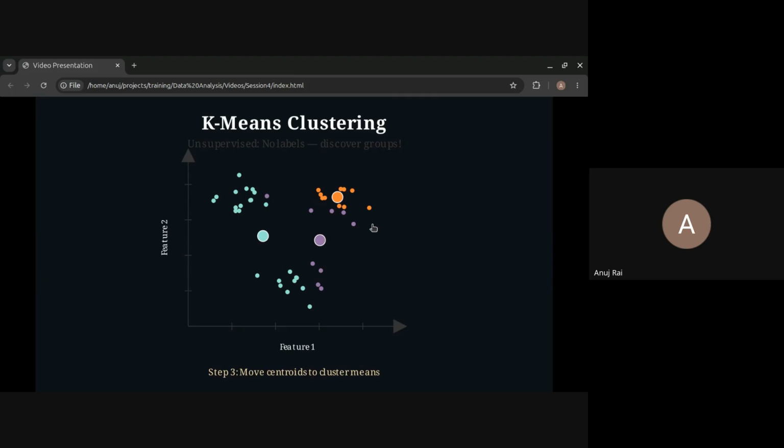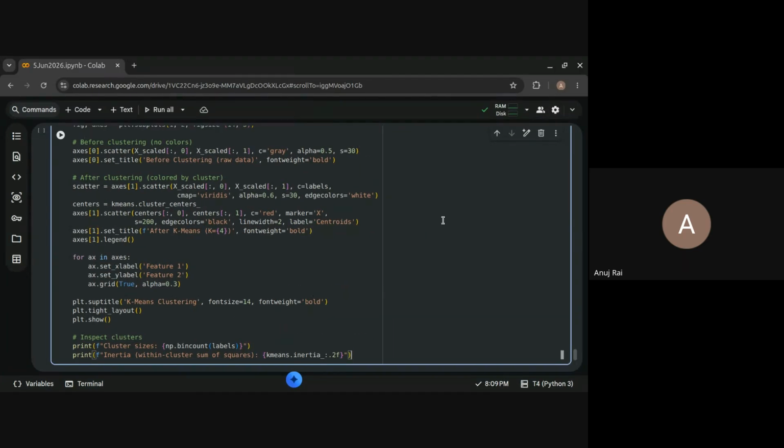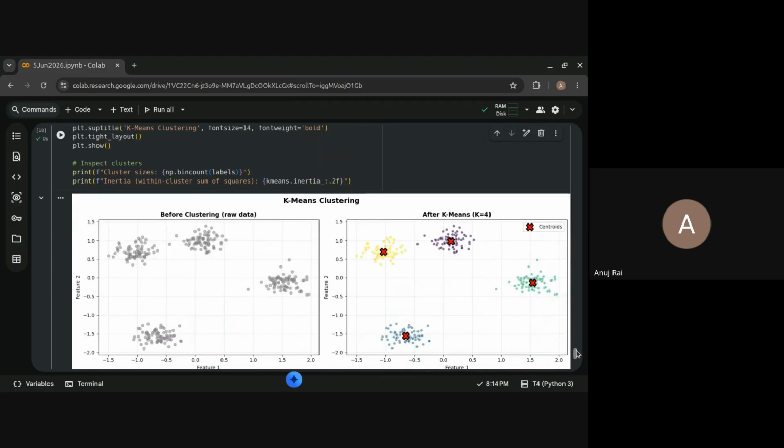So the goal is to find the center of the cluster for each group. Internally it creates the groups, and based on the centroids the algorithm found, it determines which cluster a future point belongs to.